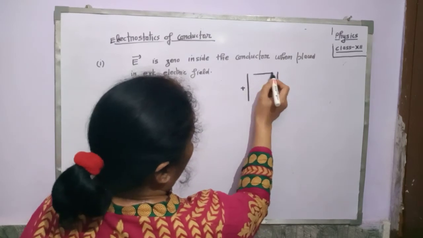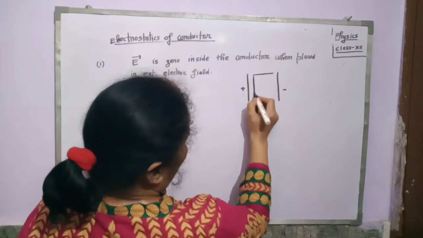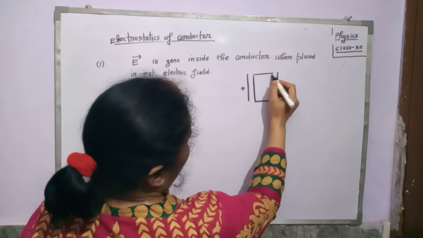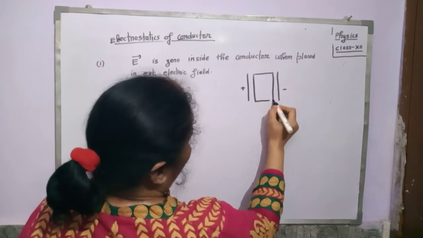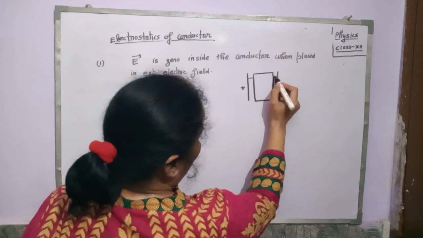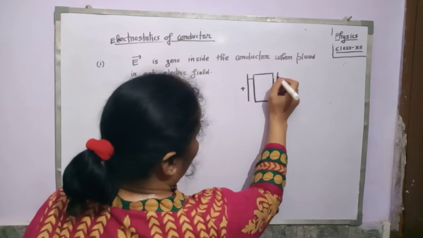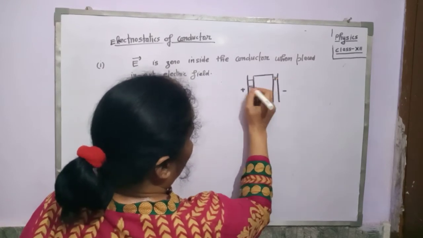Now a conductor is placed in between these two plates. Then what happens? Here the uniform electric field is from the positive plate to the negative plate.